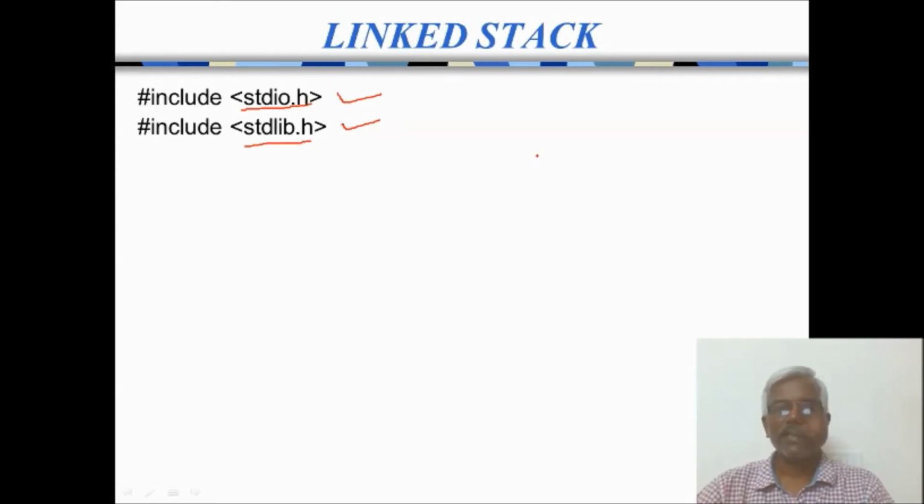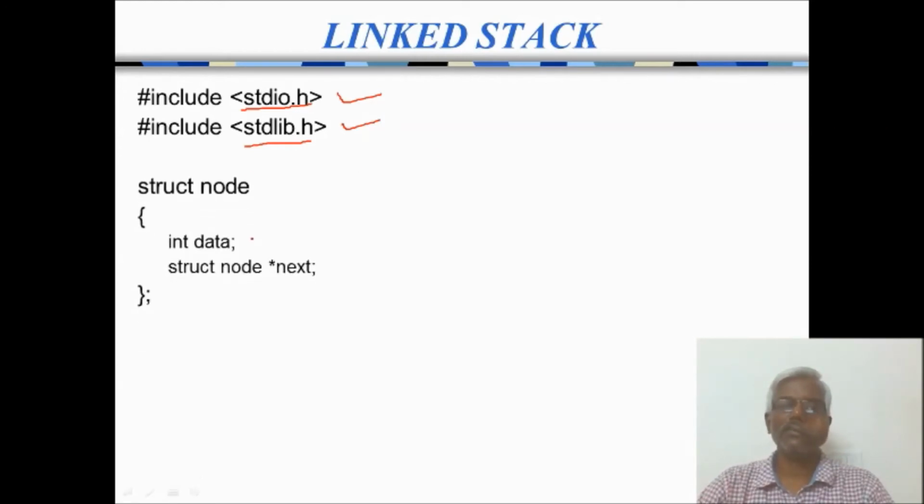Defining the node is similar to that of a linked list. I define the node consisting of two portions. One is for data, another one is a pointer to the next node. Next, we have to declare the start pointer as in the linked list, but here we name it top. It is a similar statement, the only difference being that instead of start we use top.